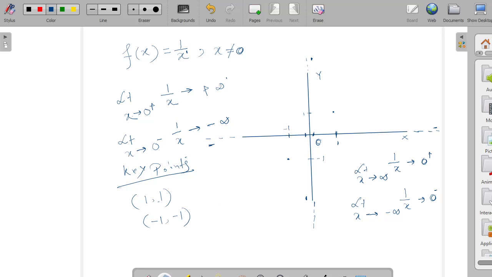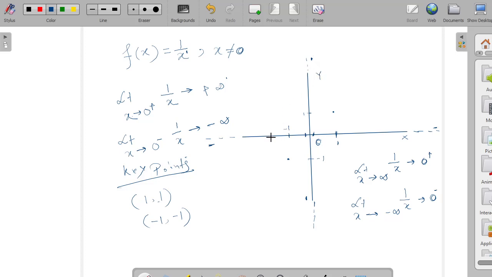Okay, so one more point to consider over here is that we have an odd vertical asymptote. The multiplicity is odd, that is, 1 over x has odd degree, so it will have an odd vertical asymptote.